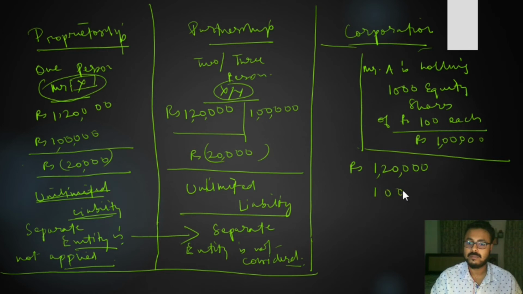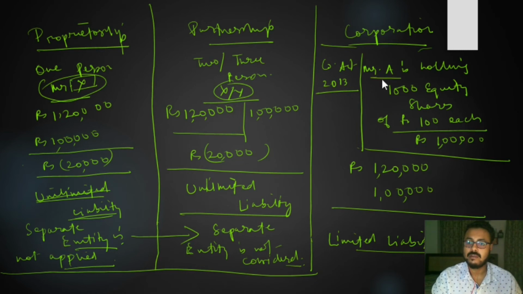Now, when we consider the same thing in corporation, what happens? Suppose 1 lakh has been paid. Here, the corporation is registered under Companies Act, which gives the shareholder the right of limited liability. So as per this, Mr. A will not pay the remaining 20,000 from his pocket.